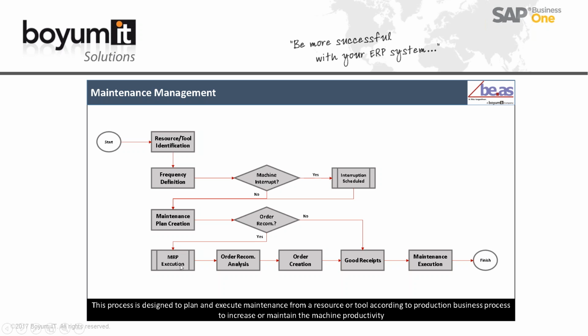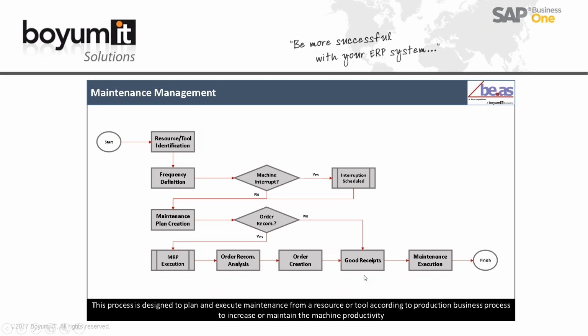After we run the MRP, we can also take a look at the order recommendations that we have. We create the orders, the purchase orders. Then we receive them, and after that we can do the maintenance on the machine.